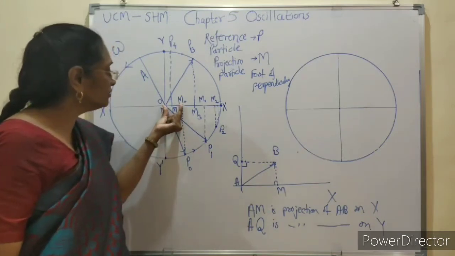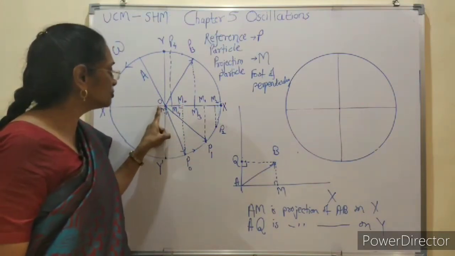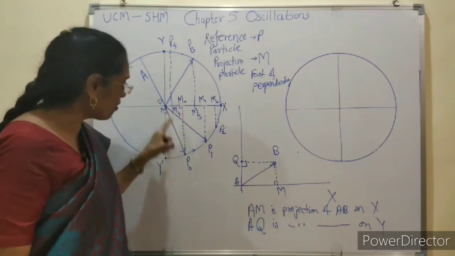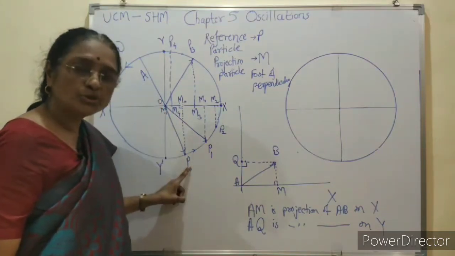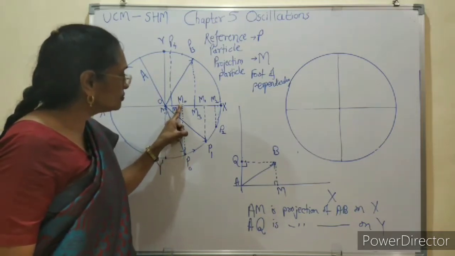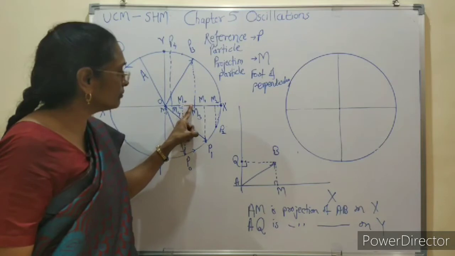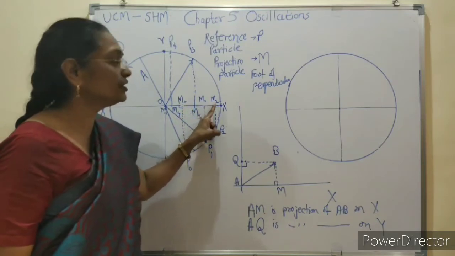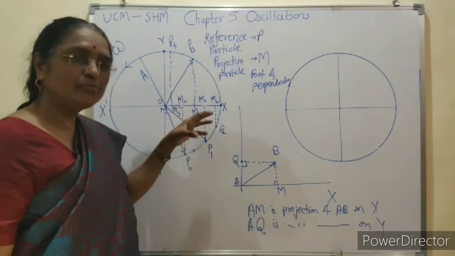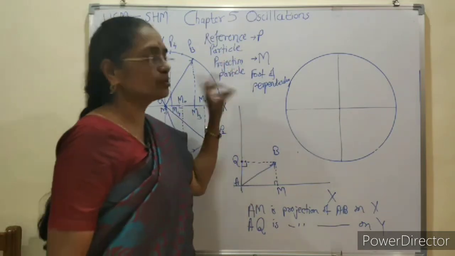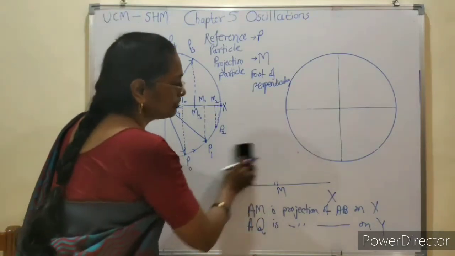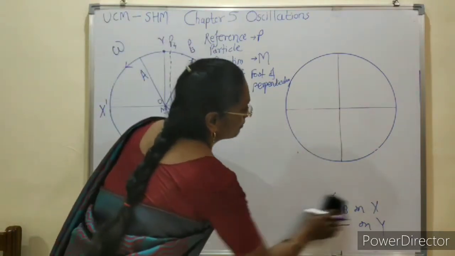If we take this much distance, ON0, it can be the projection of OP0. And M0, this foot of the perpendicular, we observe is moving like this along the positive x-axis. It can be imagined as a projection particle here, or simply we can say it is the foot of the perpendicular.